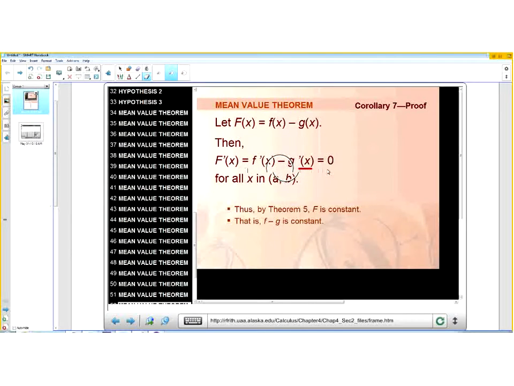And so by the theorem, if the derivative of a function is equal to 0, then the function must be a constant, because the derivative of a constant is 0 for all x in a to b. So F of x, which is f of x minus g of x, is a constant as well.